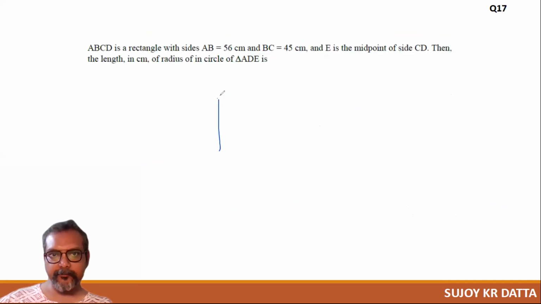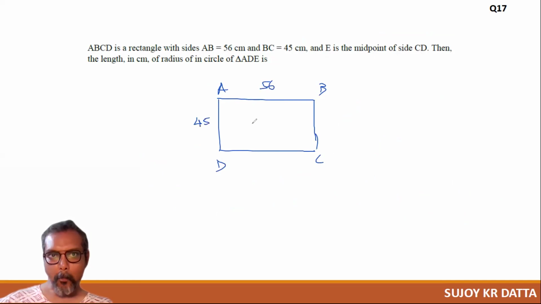ABCD is a rectangle. So that's 56, that's 45. E is the midpoint of CD, so that's 28 each. Then the length of the inradius of triangle ADE. We are drawing a circle inside, the incircle. So for this triangle ADE, what is the radius?